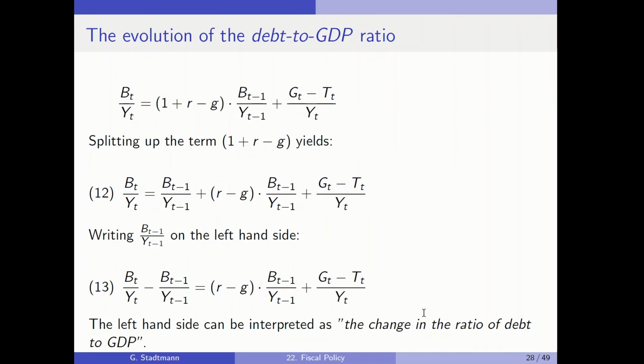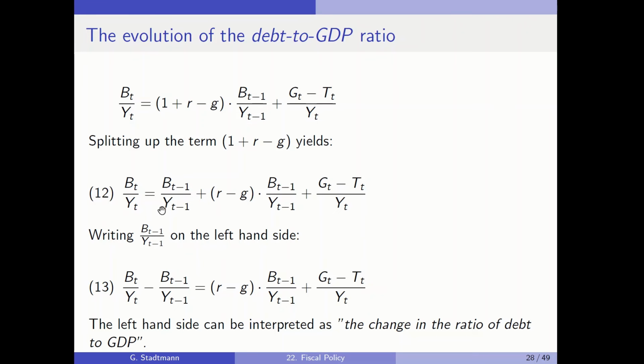So in the next step, I would like to split up this bracket in the following way, that we take the 1 out, 1 times B_{t-1} over Y_{t-1}, which is here, and then we have only in brackets r minus g.